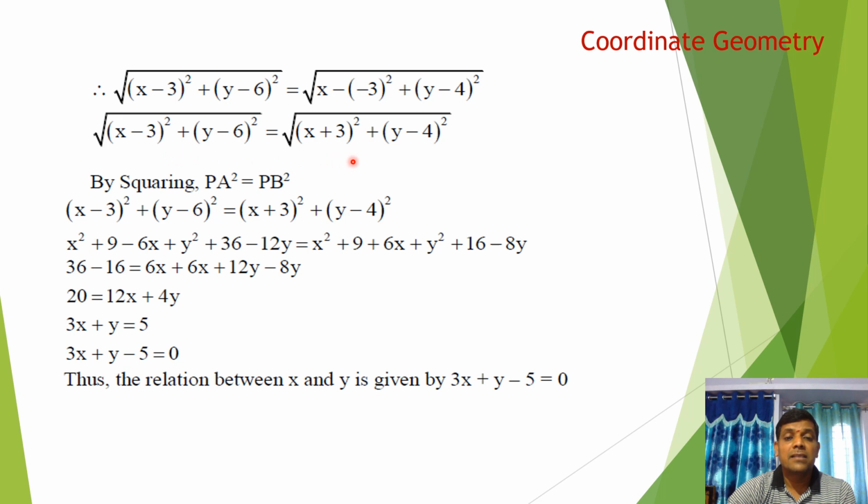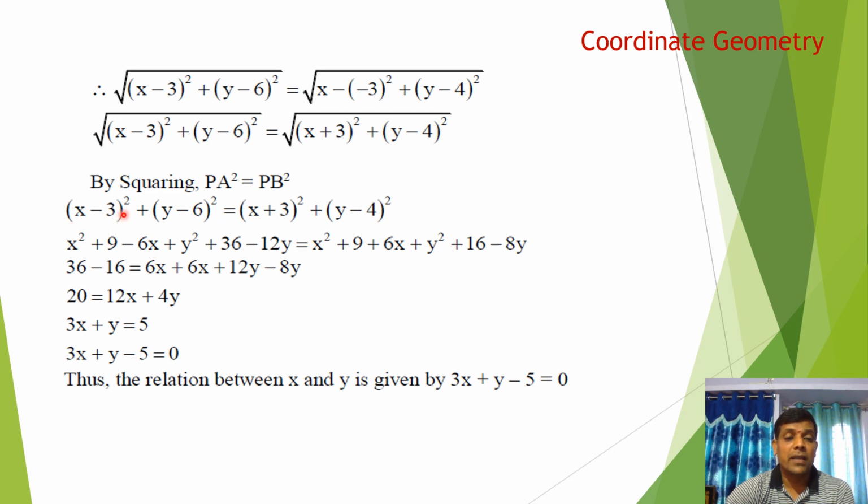Both LHS and RHS have square roots, so squaring on both sides, the square roots cancel. What are the remaining terms? (x - 3) whole square plus (y - 6) whole square equals (x + 3) whole square plus (y - 4) whole square.